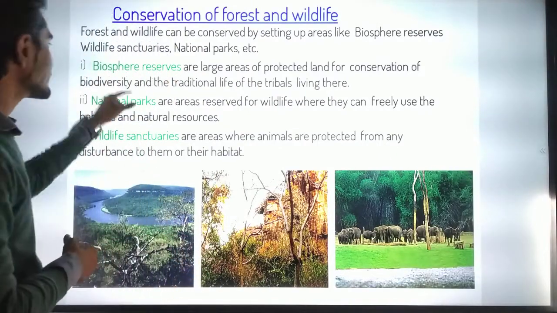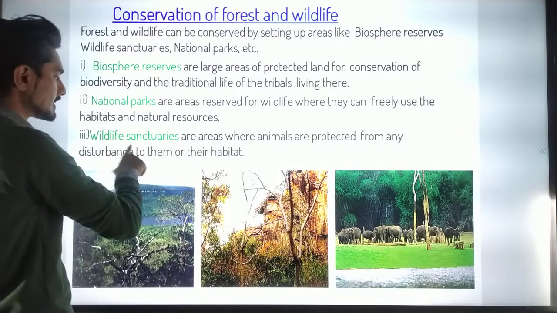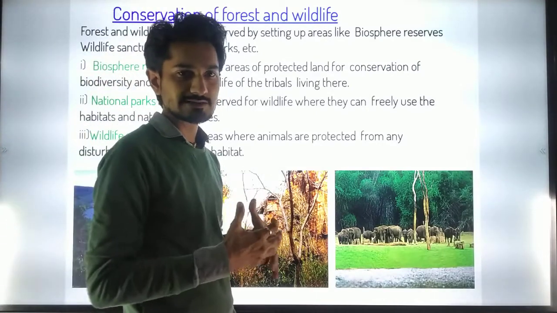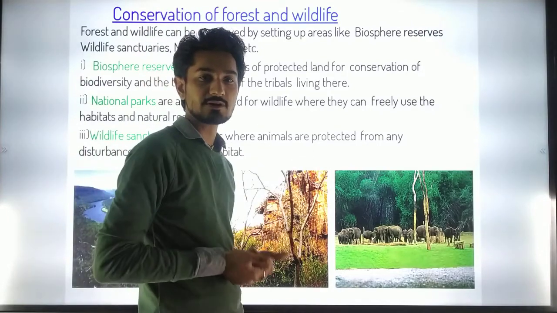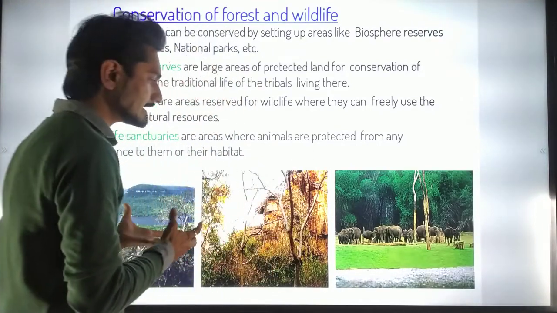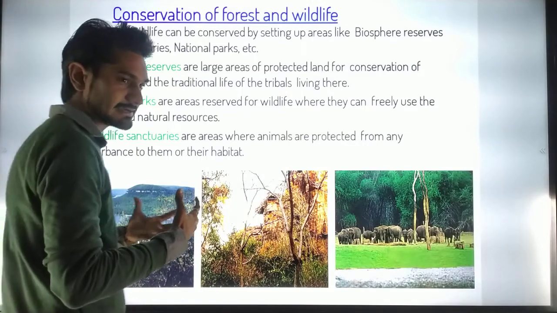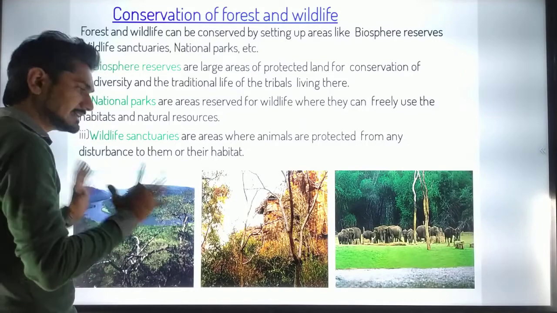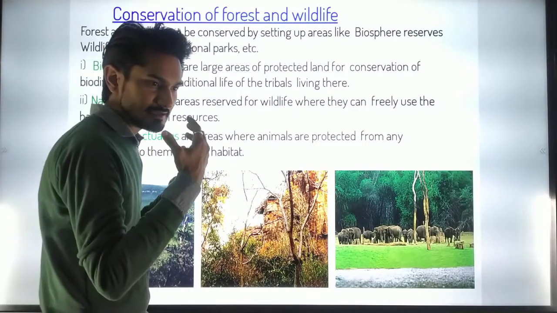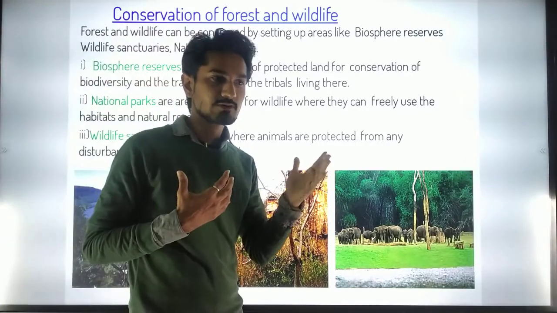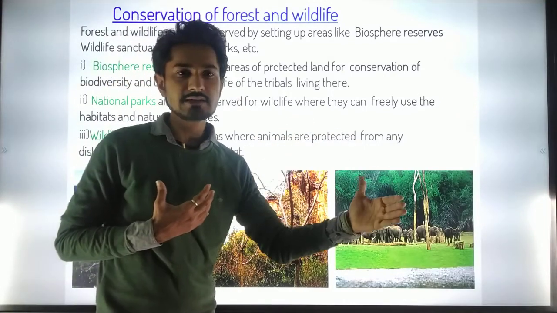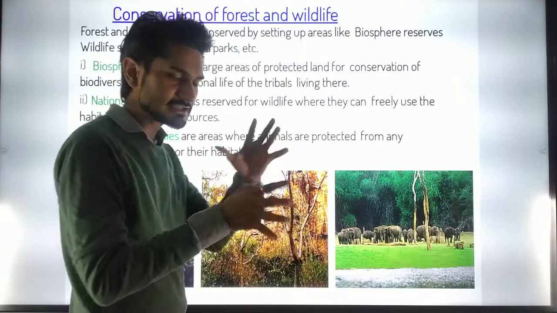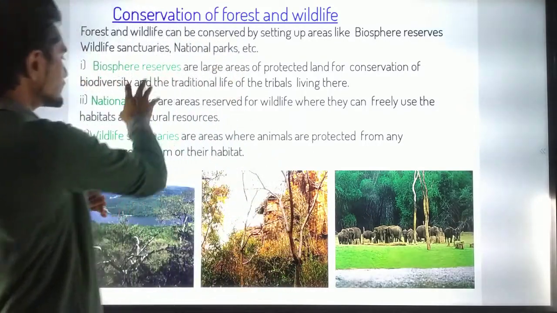We have given the names biosphere reserve, national parks, and wildlife sanctuaries on the basis of our governments and whatever places are available for them. The thing is the same, but depending on the management, the government, and the areas already available, we have categorized them into these three categories.